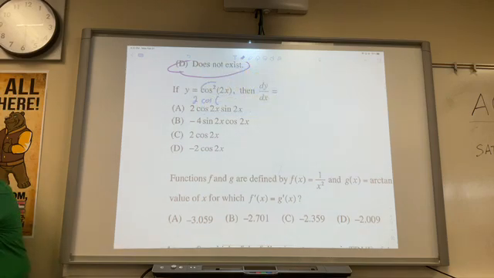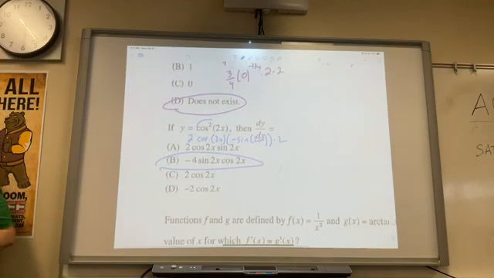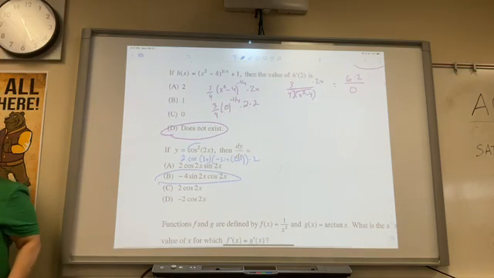2 cosine. So that's negative 4. Okay. So when I go to plug it in right here, you think, oh, it's 0 to the negative 1/4, so it's 0, right?